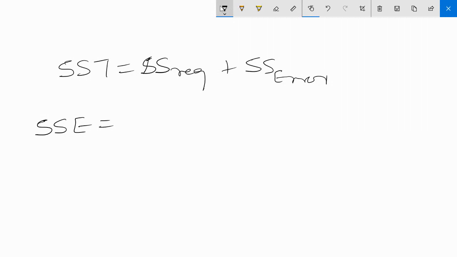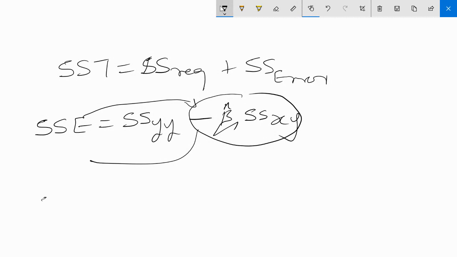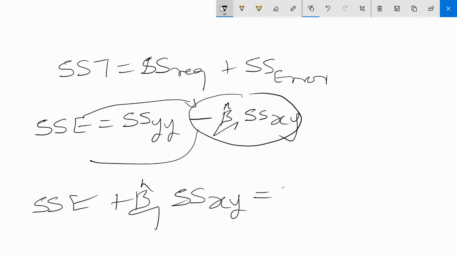Then here we have SSYY minus beta 1 hat SSXY. So if you rearrange this, you take this negative part to the other side, and we'll have SSE. This negative becomes a positive, SSXY equal to SSYY.